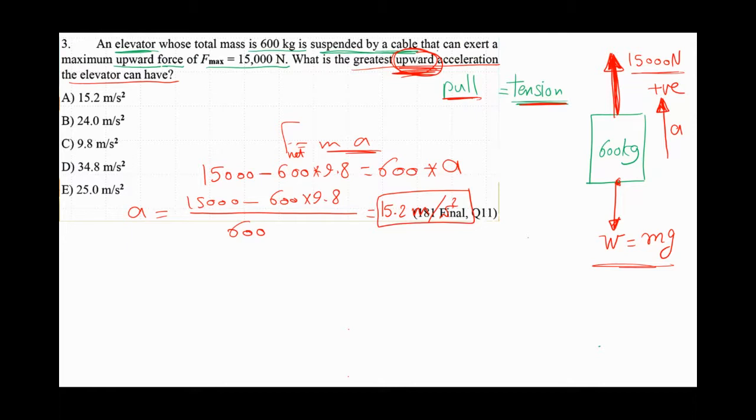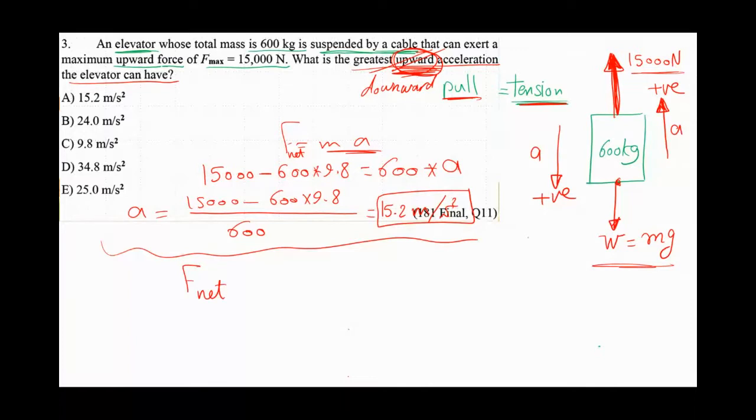What if he tells me that this is downward acceleration? Downward acceleration means the acceleration is downward. So the positive direction of your equation will be downward. So you will make another equation, another problem. Force equals mass times acceleration. Now the weight is the positive. So weight minus force equals mass times acceleration.